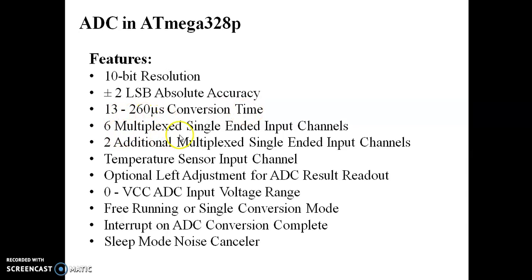It has 6 multiplexed single-ended input channels with 2 additional input channels also. It has a temperature sensor input channel as well as an optional left adjustment for ADC result readout. It also has a sleep mode noise canceller. So these are the different features.